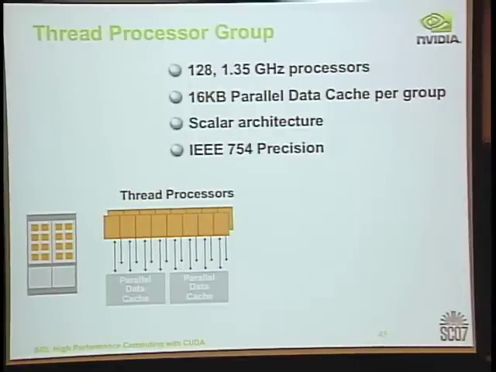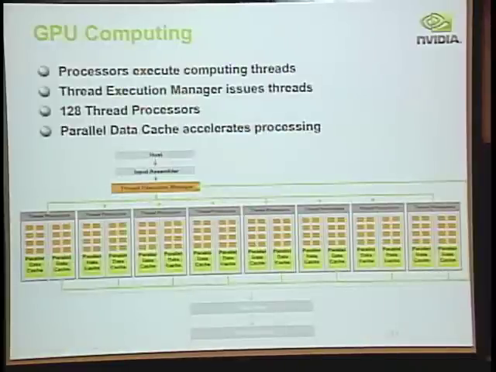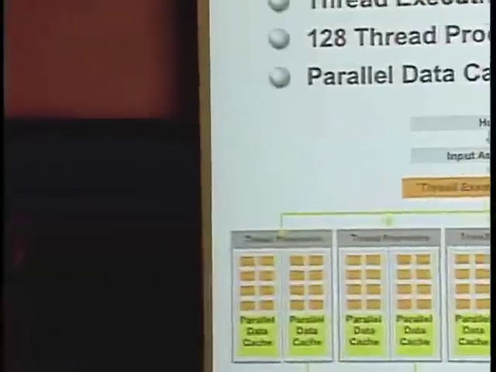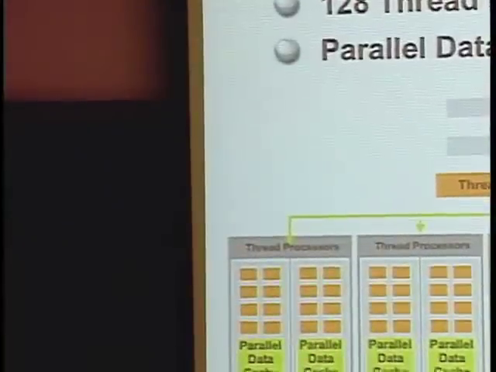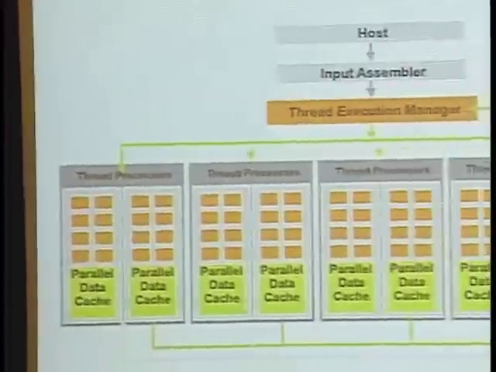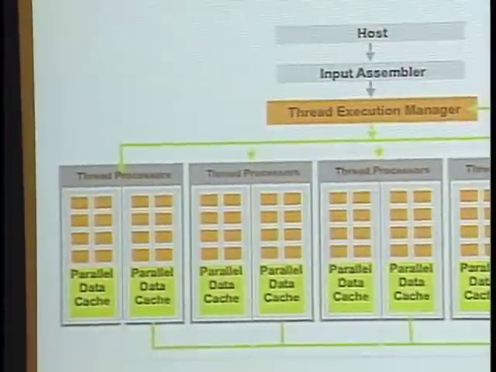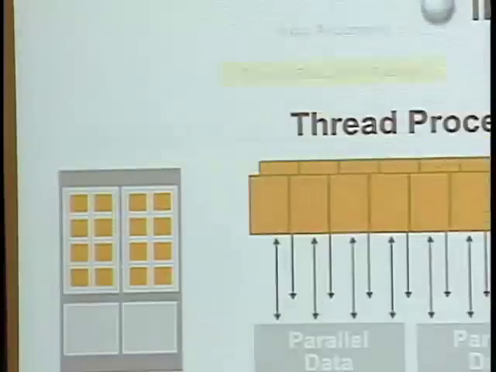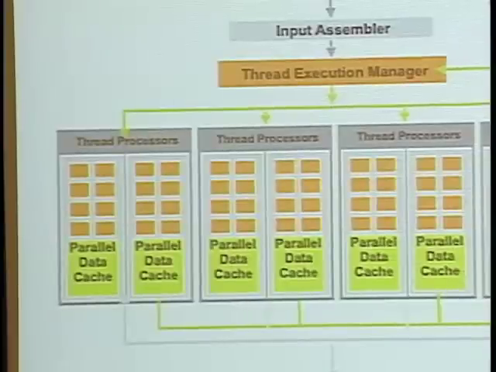Okay. So remember I told you, just one slide ago, that they promise that you're going to have 1,000 blocks in your program. It's responsible for dealing out blocks, but it doesn't tell you what order they're going to run in, and it doesn't tell you which blocks are going to run on which multiprocessors. And they made this decision for a very important reason, because they can scale the architecture with this decision.